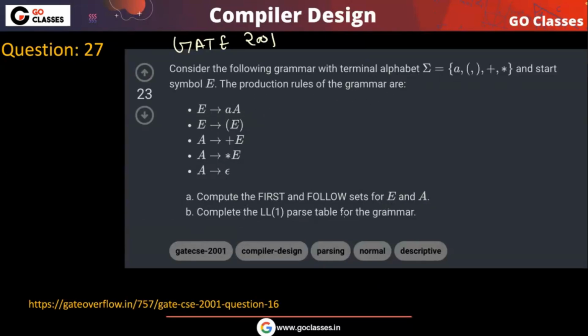Compute the first and follow sets. Complete the LL1 parsing table for this grammar. Can you do this question as a homework? Tell me. I think you can do this question as a homework also, right? Okay. Great. Now let's just move to the next question.